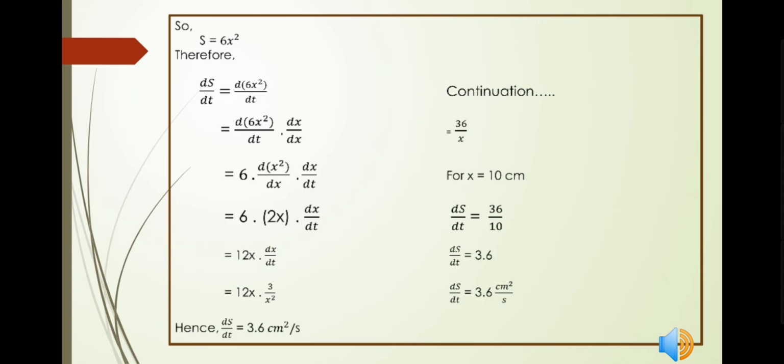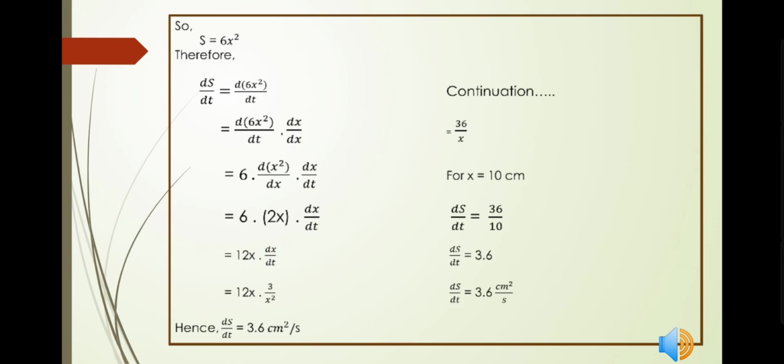Then 12x times 3 over x squared is equal to 36 over x. x is equal to 10 centimeters. So, ds over dt equals 36 over 10, ds over dt equals 3.6.